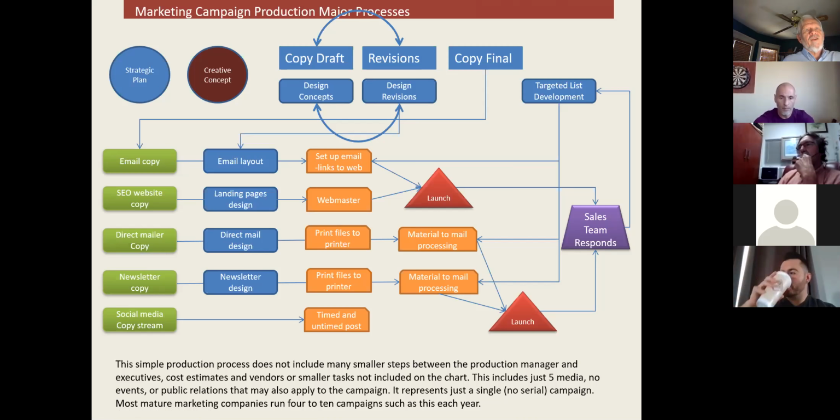You're really trying to get rid of the people who you don't want. You only want the people who you think are going to buy. So a simple production process really has a lot of steps, and if you end up with any kind of budget at all, you need somebody to serve as the production manager in order to be able to make this thing all work.